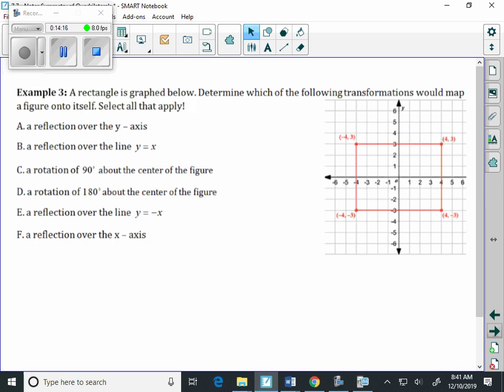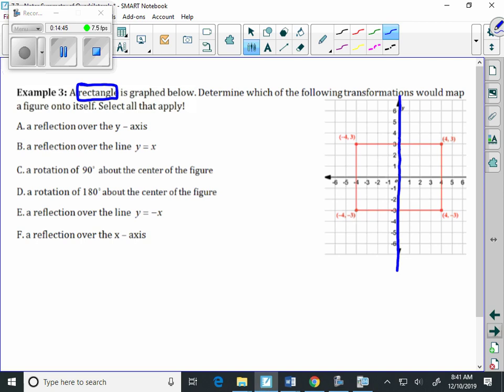One of the things that I found helpful for me, that might be helpful for you, is I outlined the rectangle here. Because we know some features about rectangles that might help us answer these questions. Looking at letter A, it says a reflection over the y-axis. Maybe we draw a line along our y-axis.